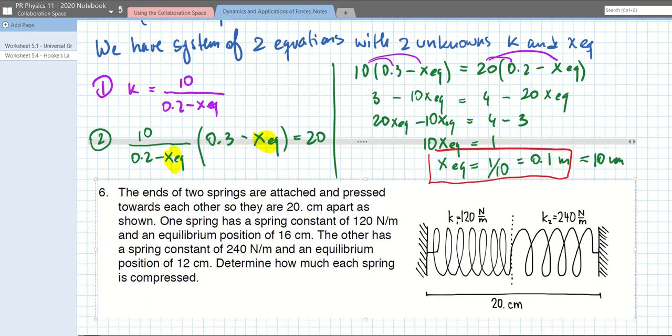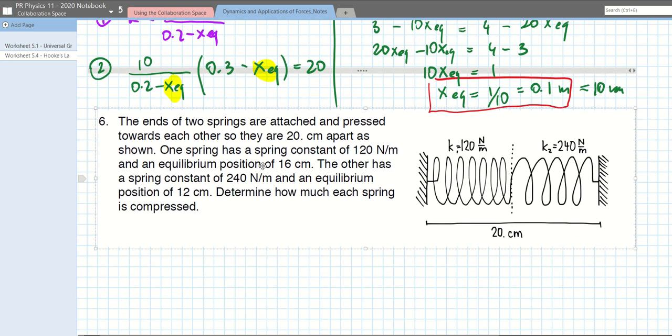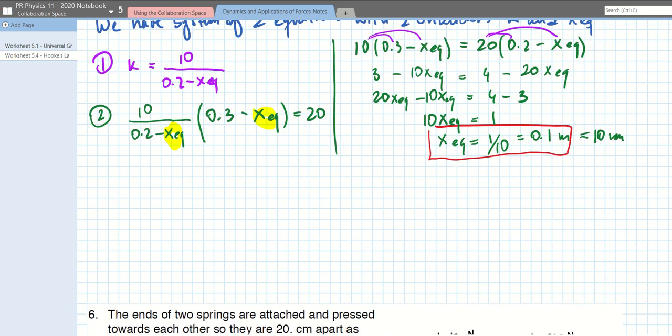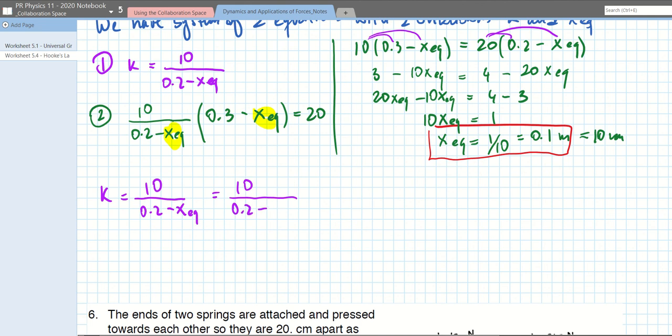So for k, we need to take our equation for k, 10 over 0.2 minus x equilibrium, and plug in the value that we found, 0.1 meters, right? 0.2 minus 0.1.